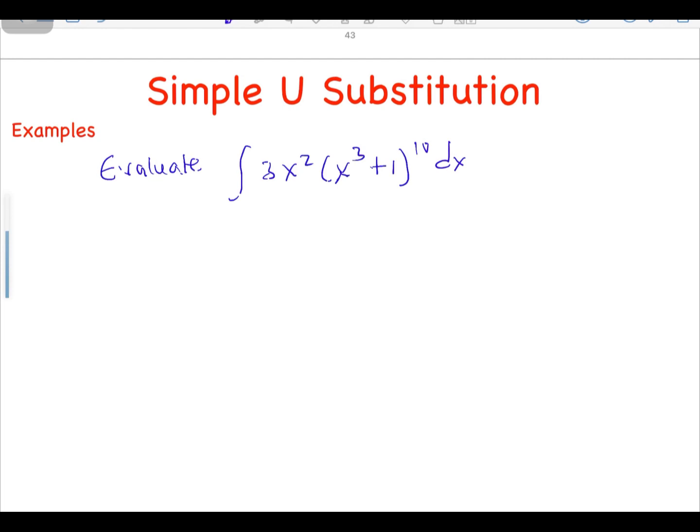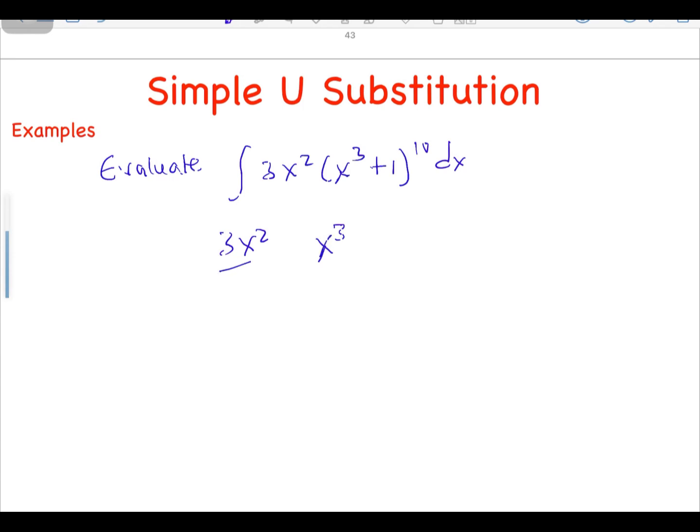First of all, we should note that this 3x squared is the derivative of this x power 3. You need to take note of that.